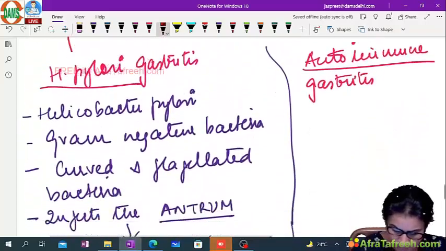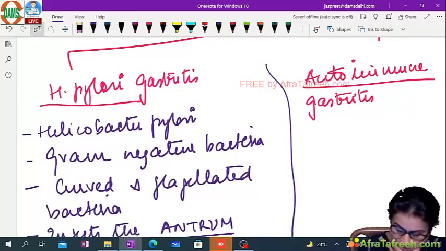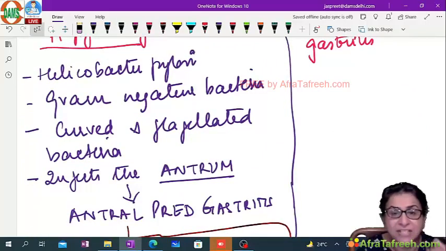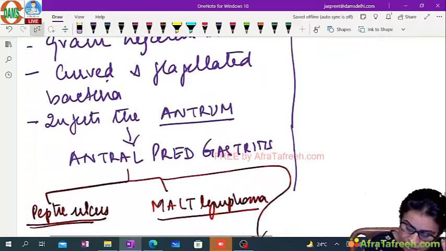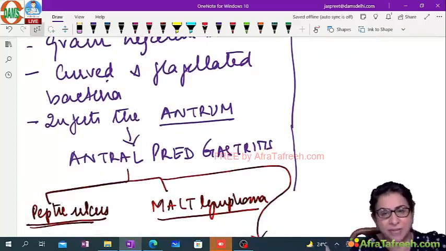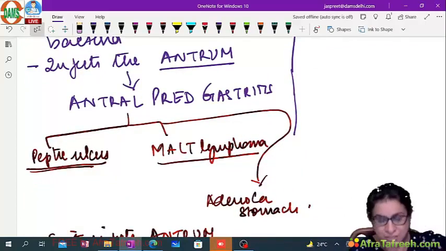Okay, once again, a very important cause for chronic gastritis is H. pylori infection. H. pylori is a gram-negative, curved and flagellated bacteria, and it infects the antrum, and usually it causes antral predominant gastritis. Patients with long-standing antral predominant gastritis, if the infection is not treated, can develop peptic ulcers, one.